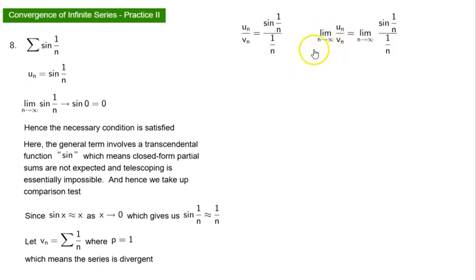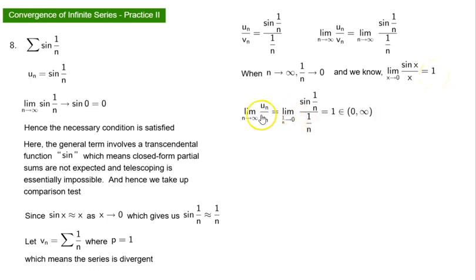So now we take the limit. Limit as n goes to infinity of u sub n by v sub n is equal to limit as n goes to infinity of sine 1 by n divided by 1 by n. Now, when n goes to infinity, 1 by n goes to 0. And we know limit as x goes to 0 of sine x over x is equal to 1. So the limit as n goes to infinity of u sub n by v sub n can be written as limit 1 by n going to 0 of sine 1 by n by 1 by n, which is equal to 1.